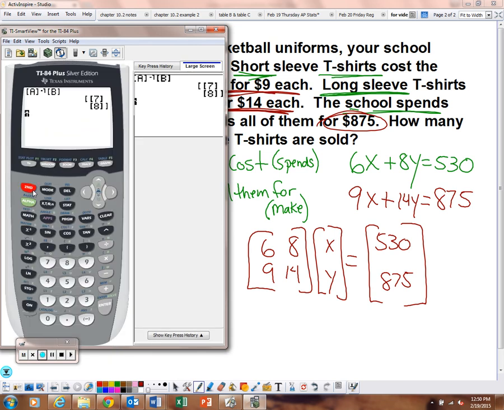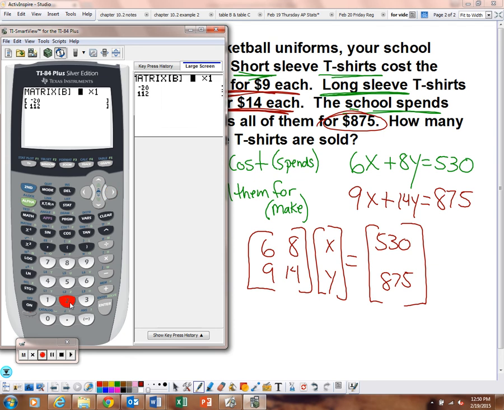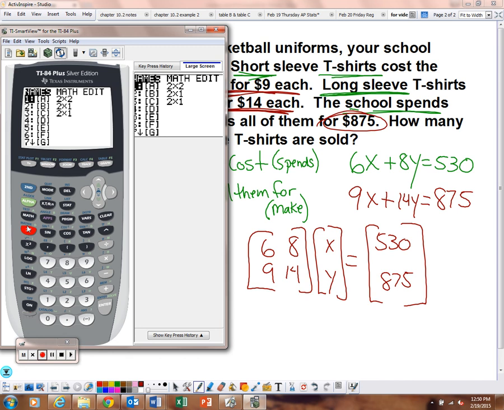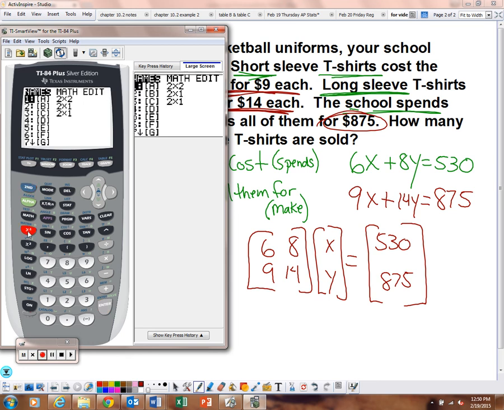So again, we're going to go back to our matrix. Go to Edit. Oops, wrong one. Let me do that again. 2 by 2. So we're going to put in 6, 8, 9, 14. Go back to the matrix.